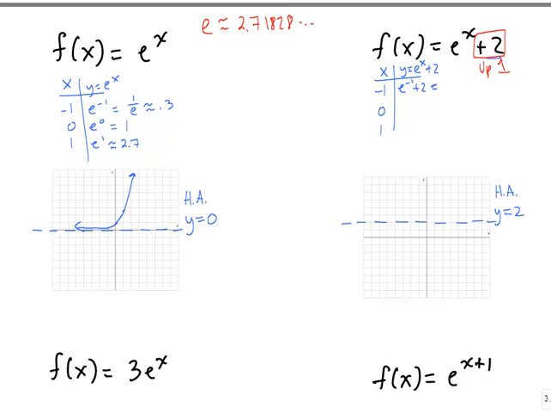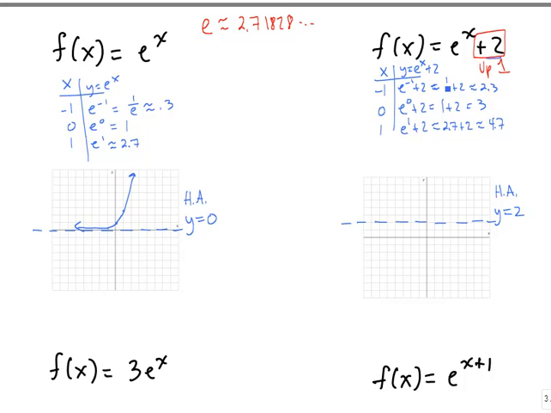So this is going to be approximately 1/3 plus 2, or approximately 2.3. Okay? If I plug in 0, e to the 0 is 1, plus that 2 on the side makes this 3. If I plug in 1, e to the 1 is about 2.7, so when I add 2 onto the side, I get approximately 4.7.